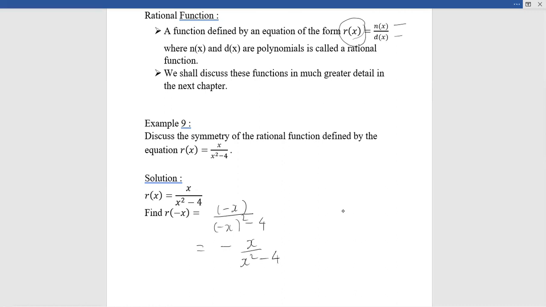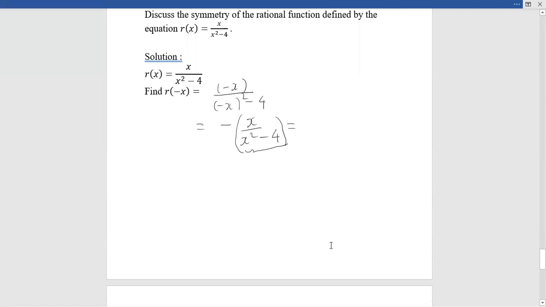Now, can we write this as negative? Look at this part. That is the same as the given equation, the right side. Therefore, we can say this is R(x).